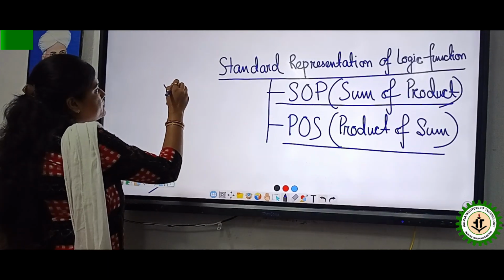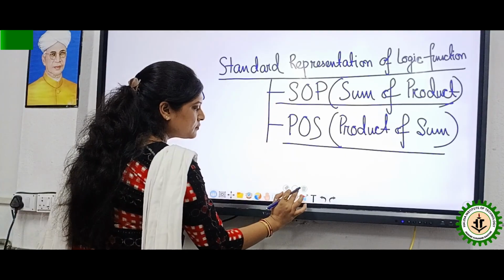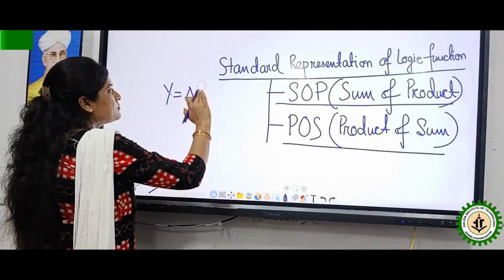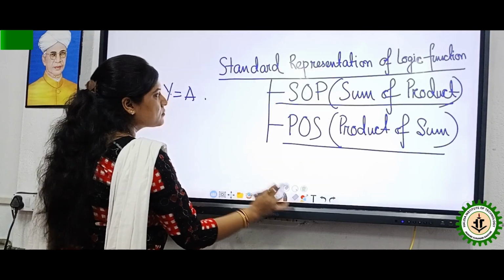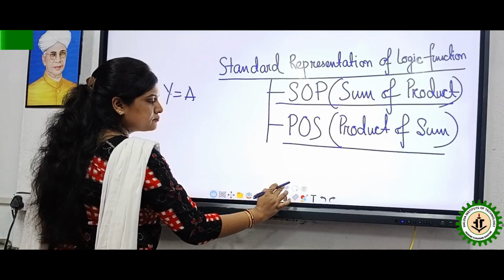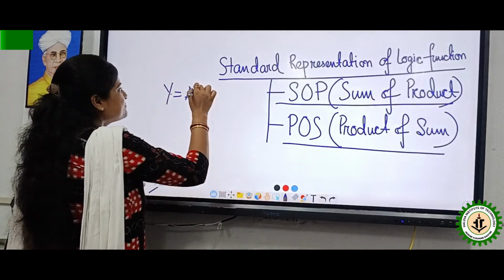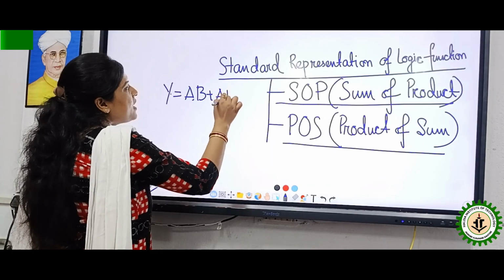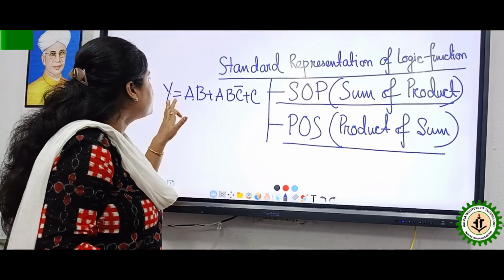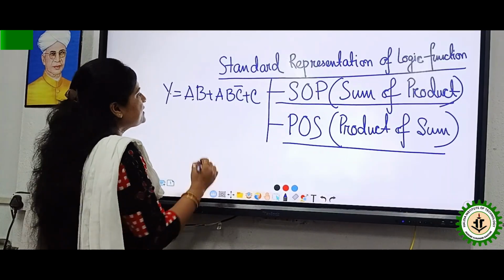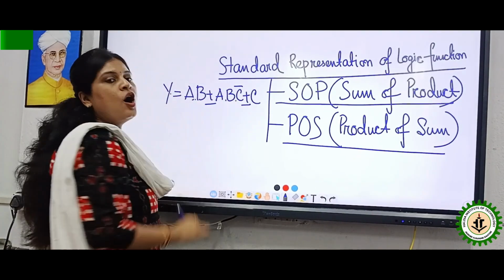So for example, AB plus ABC complement plus C. This is an example of SOP form where all of these are AND operations, and after that we are doing OR operation.